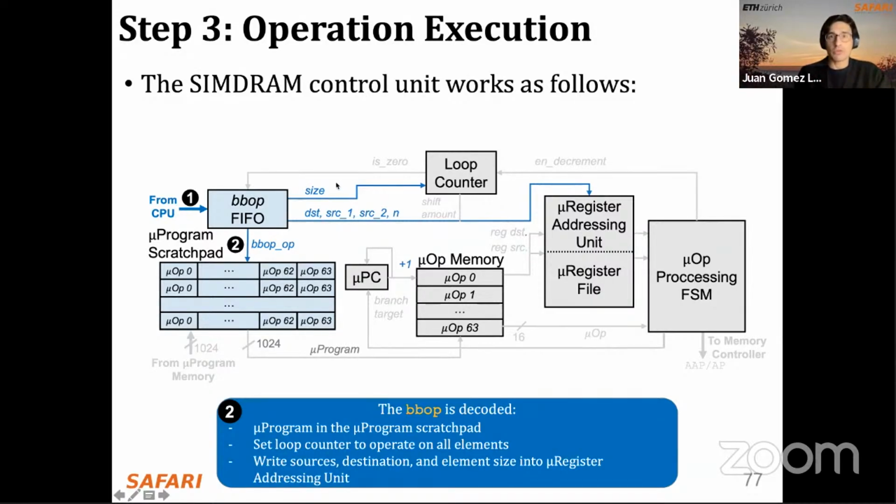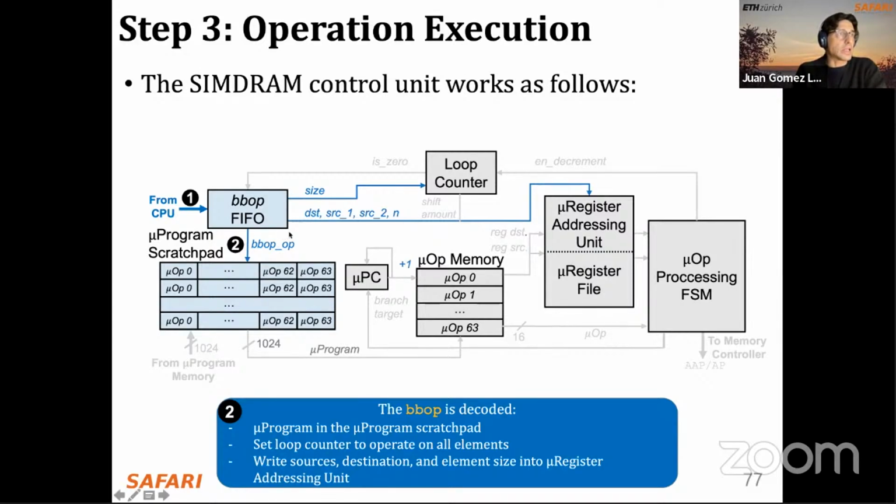This may be 100,000 elements, maybe millions of elements. And if that's the case, then these source and destination arrays span more than one subarray, right? And if they span more than one subarray, the memory controller will have to issue commands to multiple subarrays. So that's essentially the idea of using this loop counter to keep control of the different subarrays that we have to operate on and how many times we have to repeat this process.